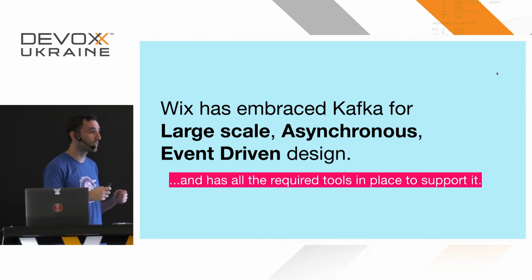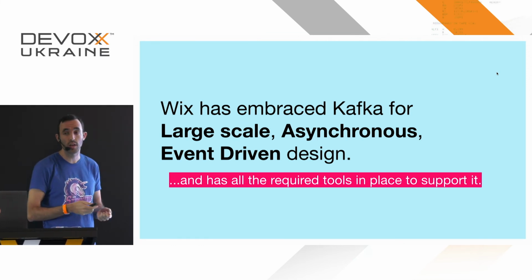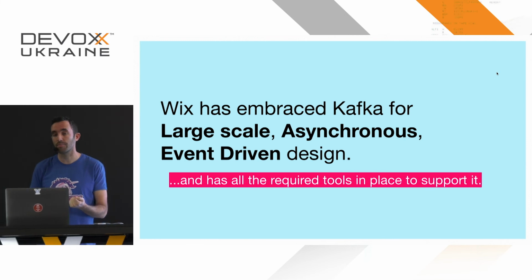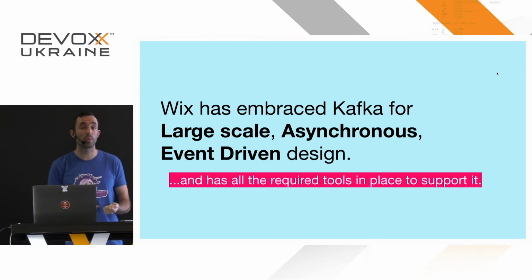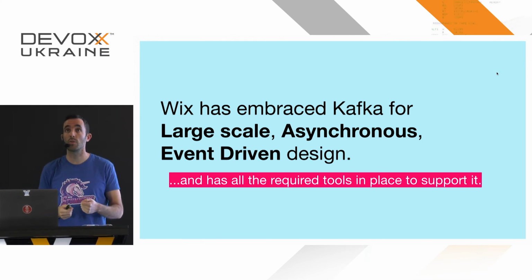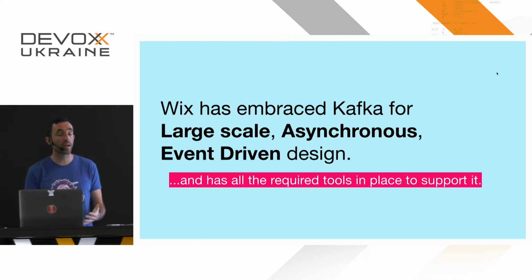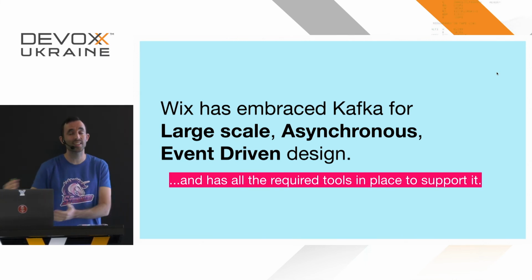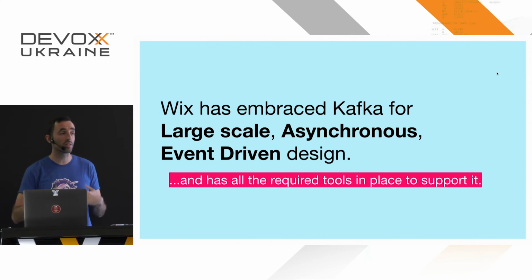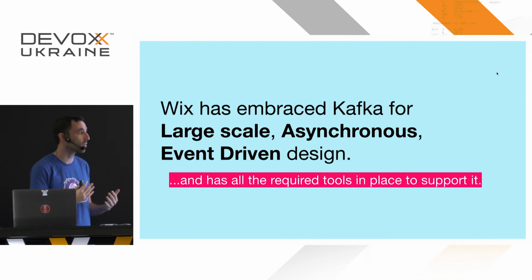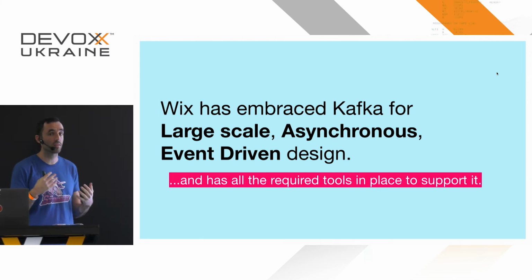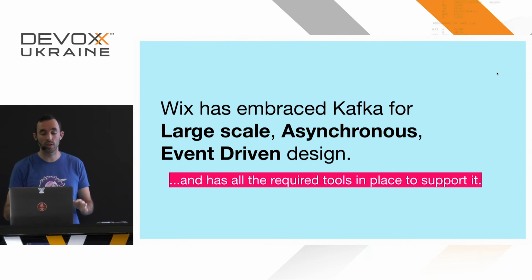You need to have the correct monitoring and production, the correct actions that you allow your developers to take in order to maximize it. Because yes, you get high throughput, high scalability, but you also get potentially a lot more complexity and blindness about what's going on in production.